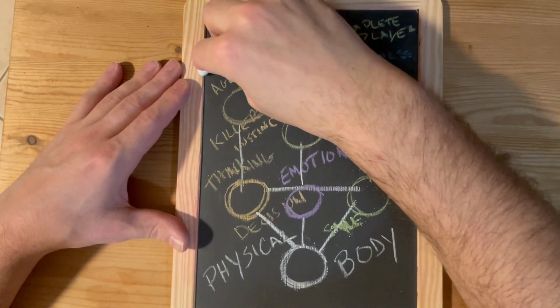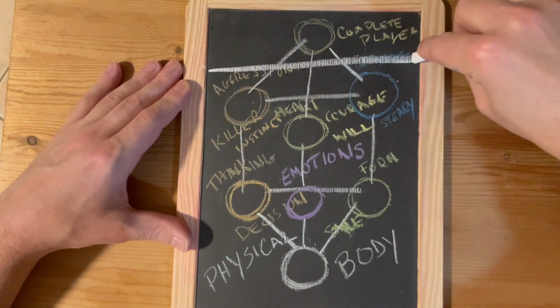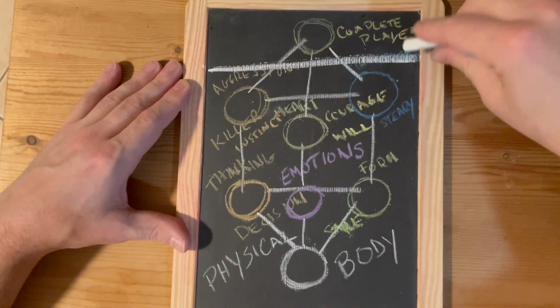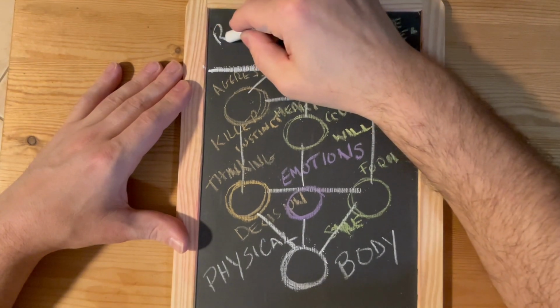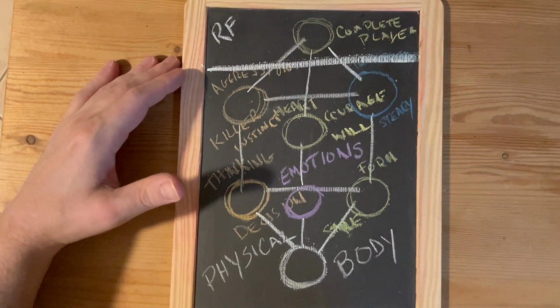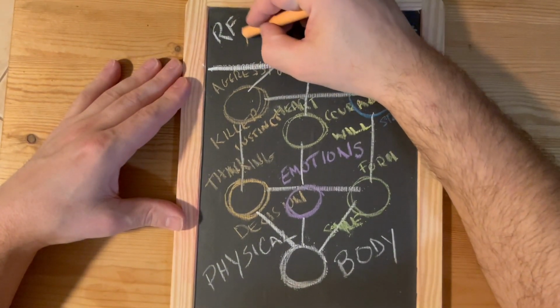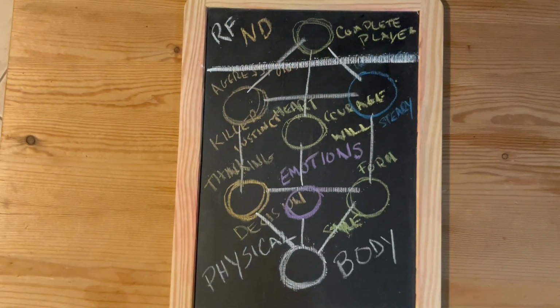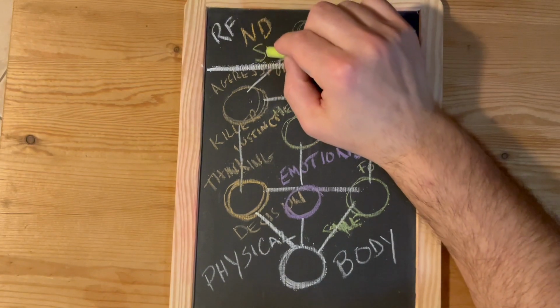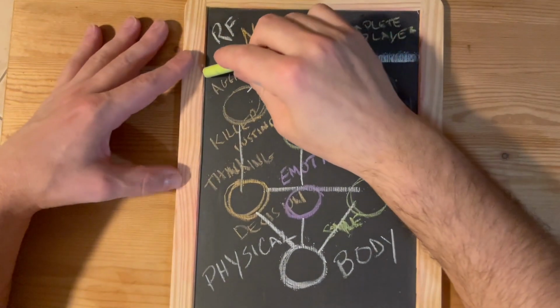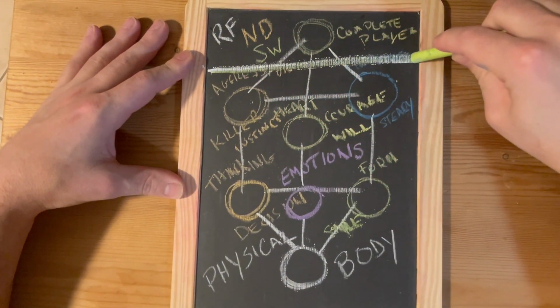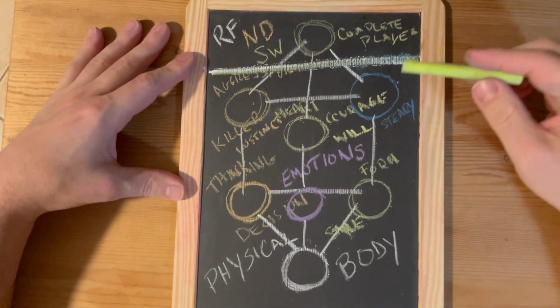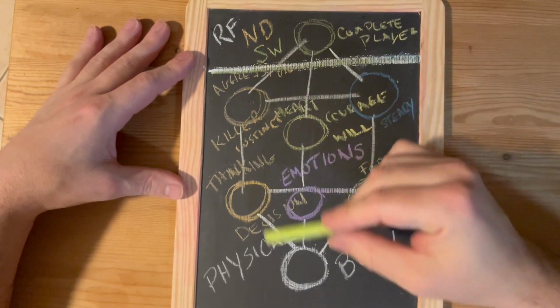And here's the line. If I draw a line right here, the complete player. This is where we have the Roger Federers, the Novak Djokovic, the Serena Williams. And across this line right here, this is what most players fail to do, because they possess many of these qualities.